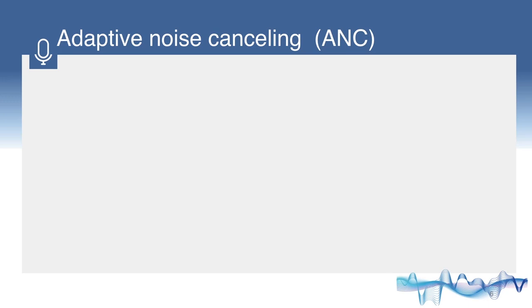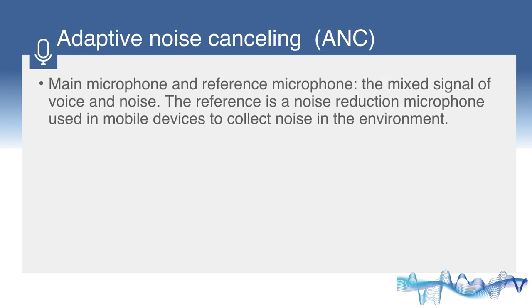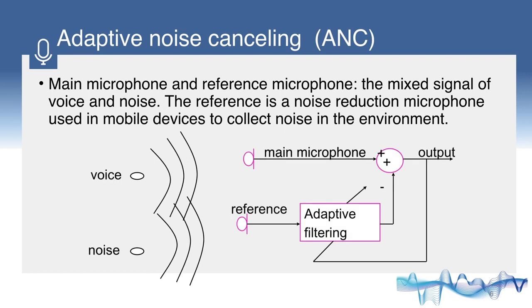The adaptive filtering method, also called adaptive noise cancelling (ANC), needs to know the noise or pure speech in advance, and then uses the stochastic gradient descent method to approximate the optimal solution.